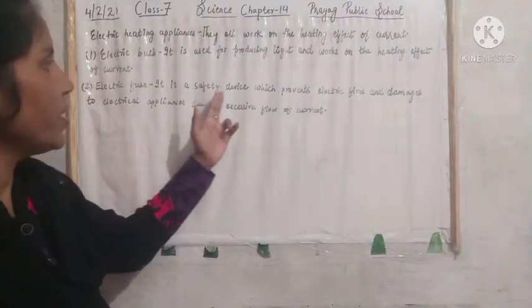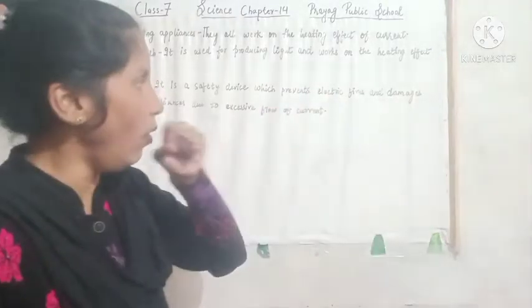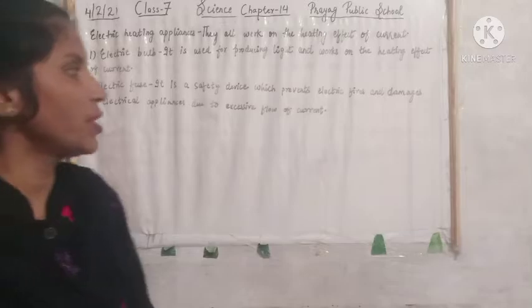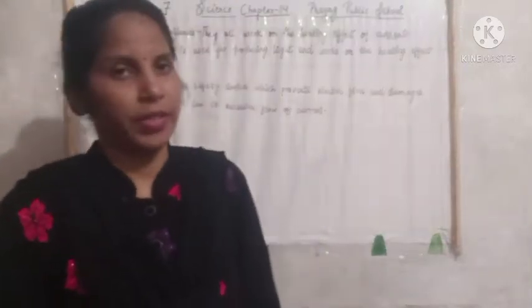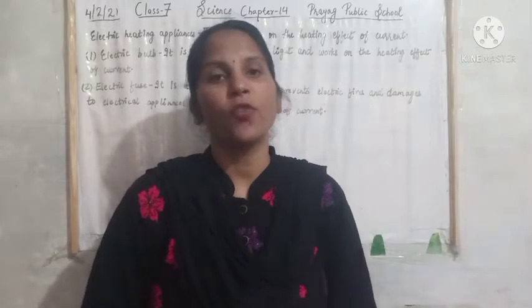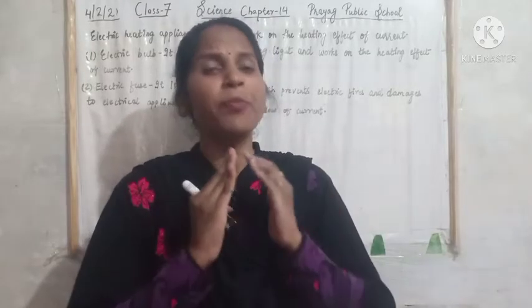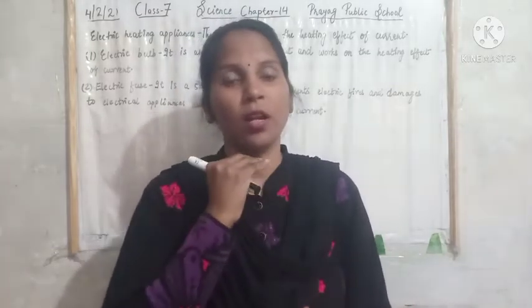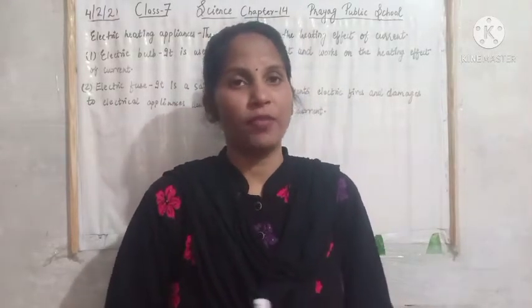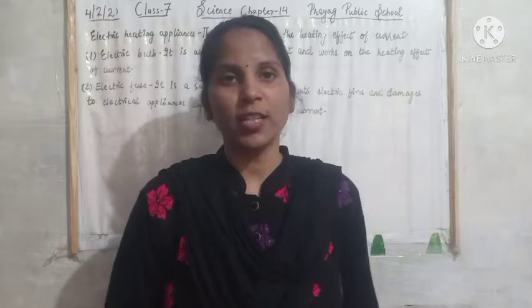So it is a safety device which prevents electric fires and damage to electrical appliances due to the excessive flow of current. सो ये एक सेफ्टी डिवाइस है. जब भी कभी एक्सेसिव करंट फ्लो करता है, it prevents damage to the electrical appliances as well as preventing fire or short circuit in the house, shop or anywhere.